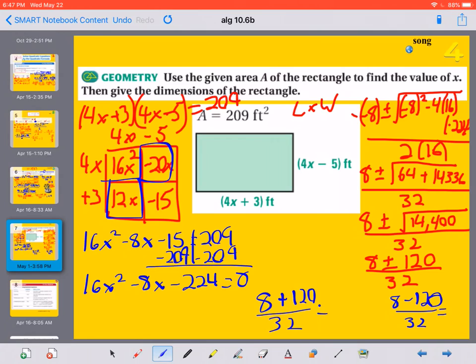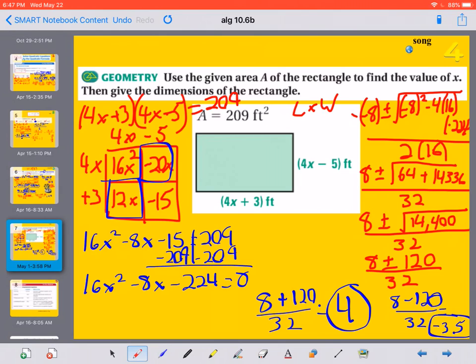That's 128 divided by, so 8 plus 120 is 128. 128 divided by 32 gives me 4. 8 minus 120 divided by 32 gives me a negative 3.5. So these are our lengths.